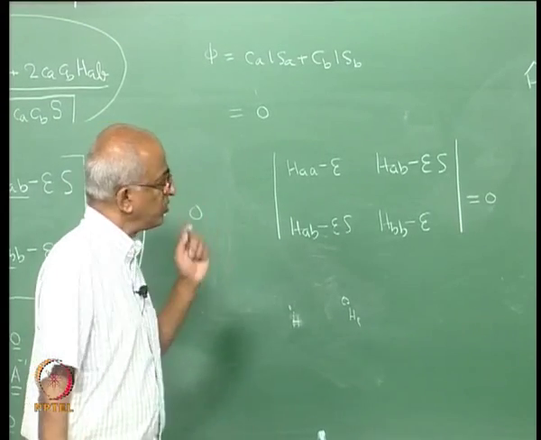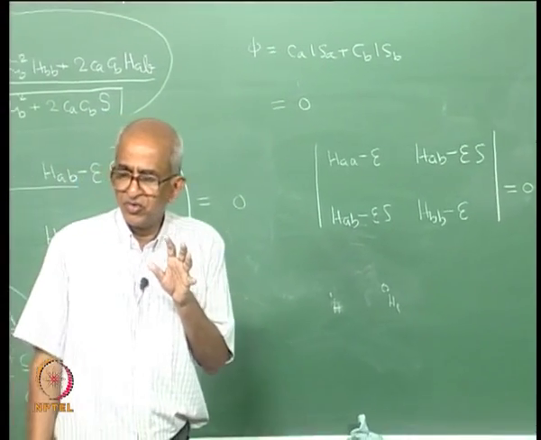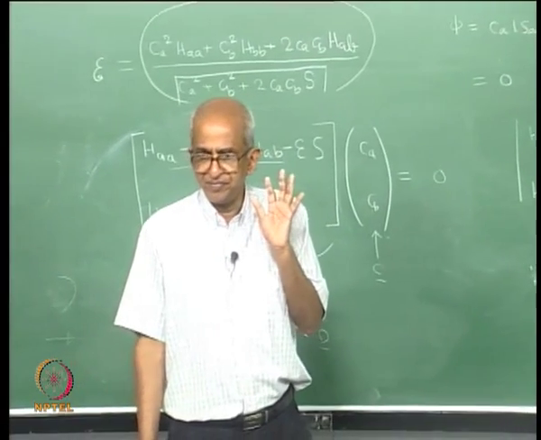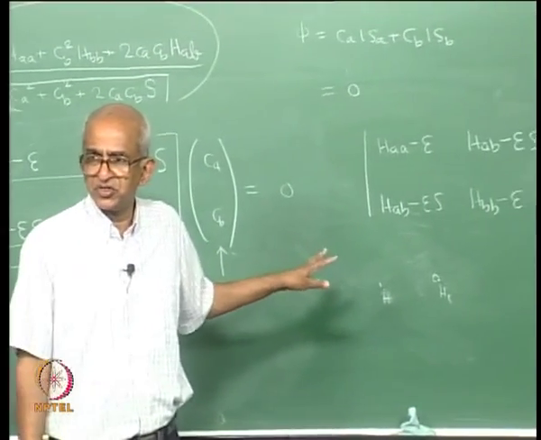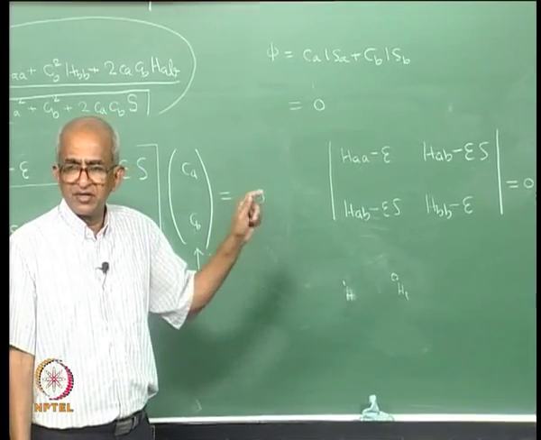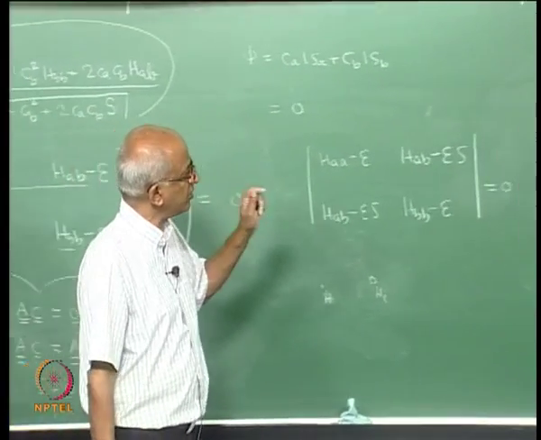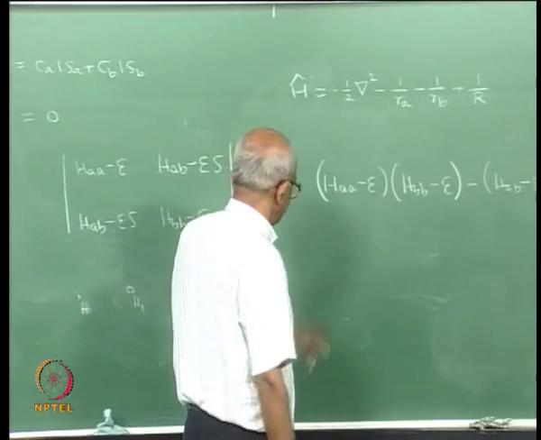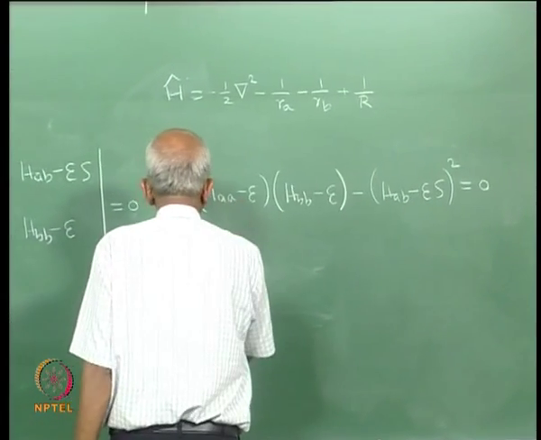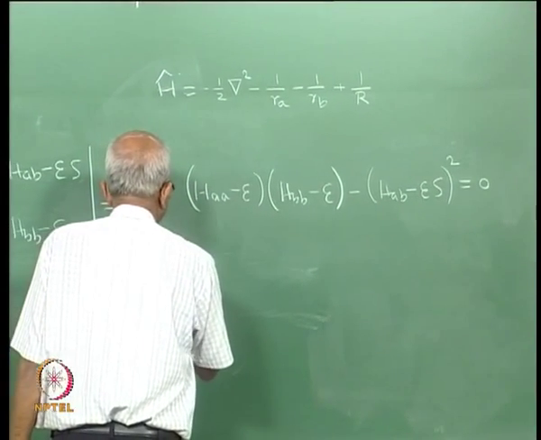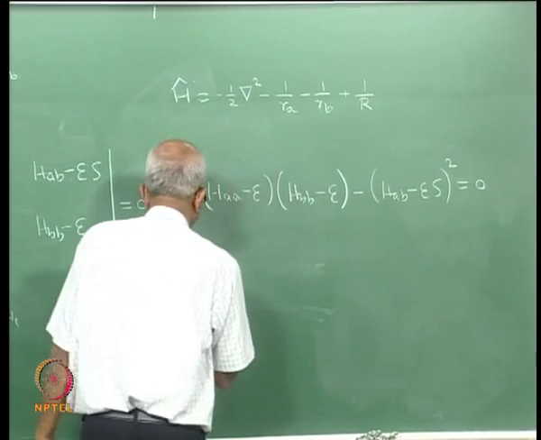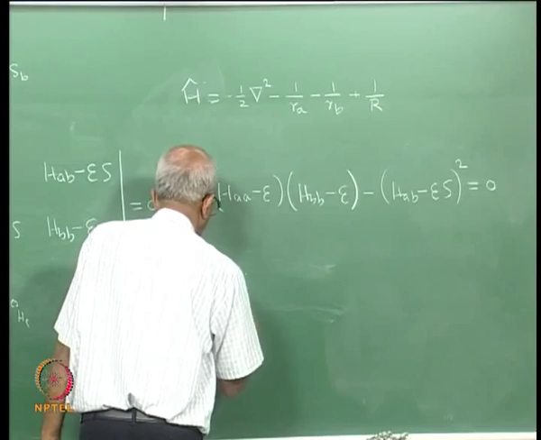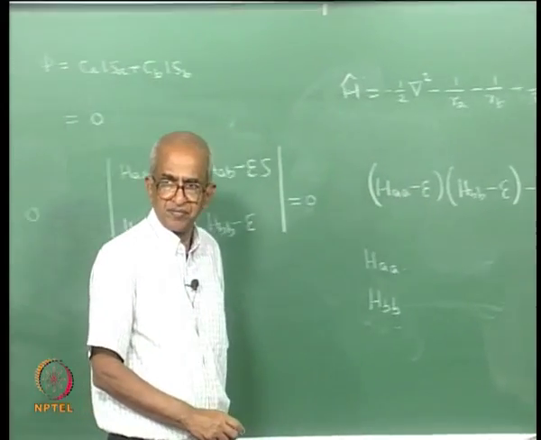But now I am going to make use of the fact that the two nuclei are identical, right. I know that the two nuclei in this case, in the case of H2 plus, they are identical, and therefore, it is possible for me to use that fact and make some simplifications. So, you think of HAA and you think of HBB. What is HAA?